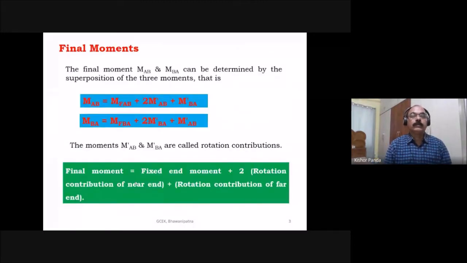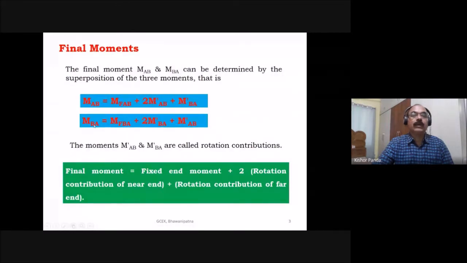Already you have discussed how to find out the final moments MAB and MBA by the superposition of three moments: the fixed end moment, the near end rotation moment and the far end rotation moment. MAB is equal to MFAB plus twice M dash AB plus M dash BA.